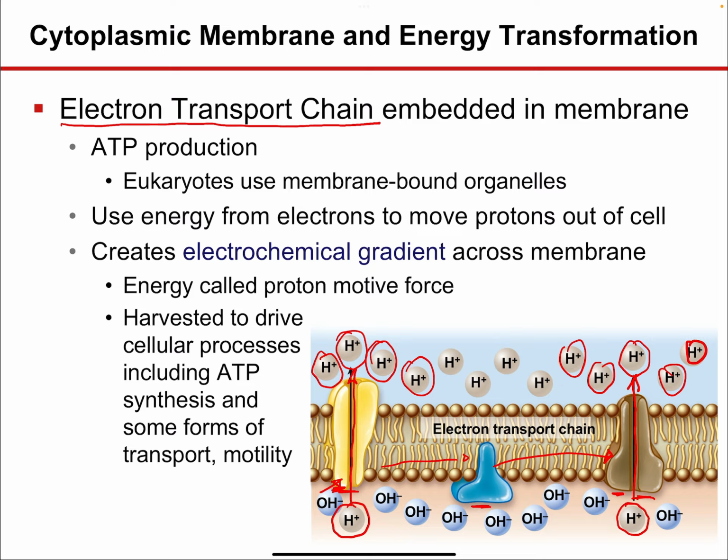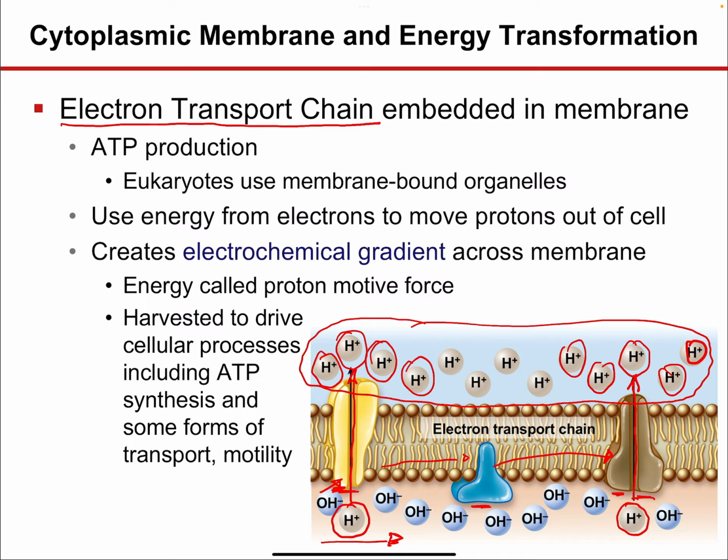As a consequence of that, right outside of the cell, the plasma membrane, we are going to see a high concentration of hydrogen ions compared to the inside of the cell. This is actually creating a gradient, what we call a gradient of protons or hydrogen ions, right?